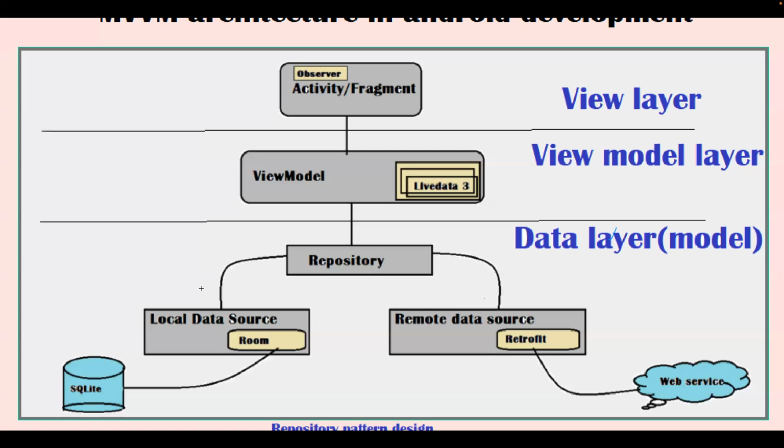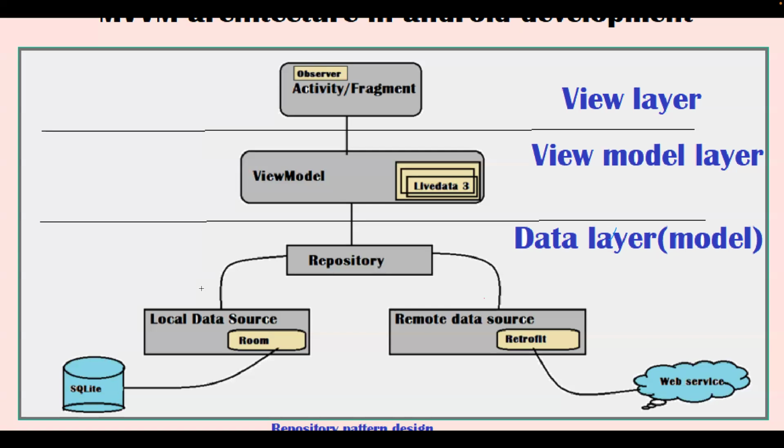Clear? Now in this example screen, the data sources are the local database and web services. Instead of two, we can use three, because in a future application we are also going to implement Firebase. The repository layer decides which data source to connect to: either the local database, web services, or Firebase.